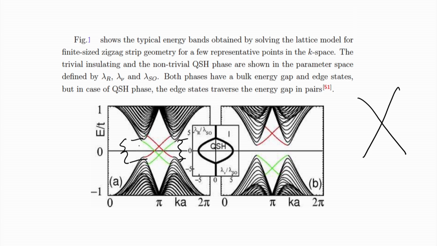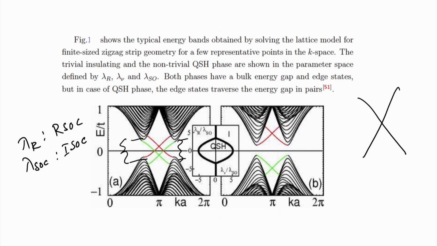So, without these green lines joining the conduction band and the valence band, we would have had a normal ordinary insulator or a band insulator. However, because of this we have a topological insulator, and exactly for some lambda R and lambda SO. So, lambda R is for the Rashba spin orbit coupling and lambda SO is for the intrinsic spin orbit coupling.